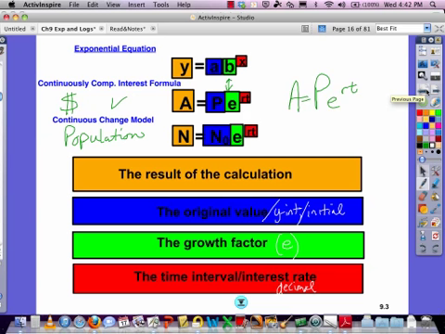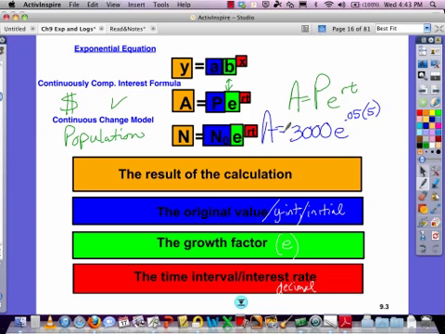So if I said we have $3,000 compounded continuously at a rate of 5% for a total of 5 years, that would now be our formula. We would grab our calculator, because most of you aren't going to do calculations with 3,000 in your head. So $3,000 compounded continuously.